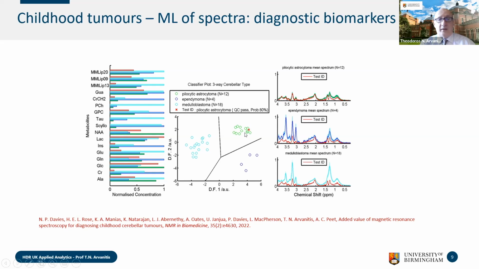And this is a recent publication we have done, but by looking at these metabolites and throwing them into appropriate classifiers, we're able to clearly identify these groups of tumors. And of course, this, as we argue within the paper, is very useful for radiologists and oncologists in terms of determining early potential diagnosis before the need of a biopsy.